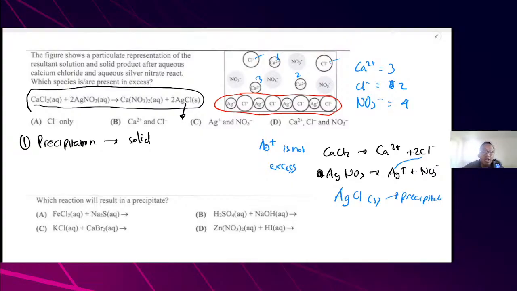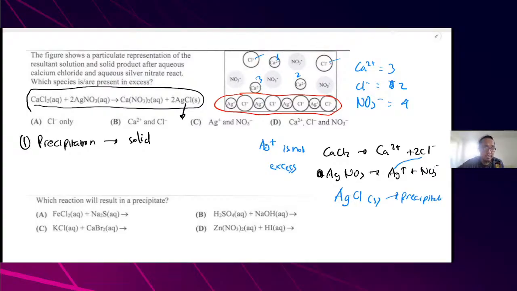It's all used up to form AgCl, so it completely reacts.